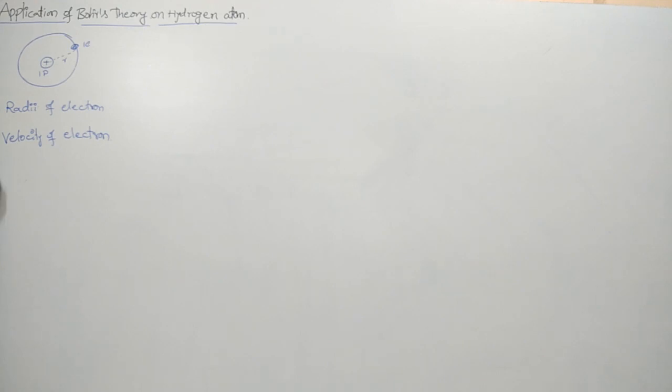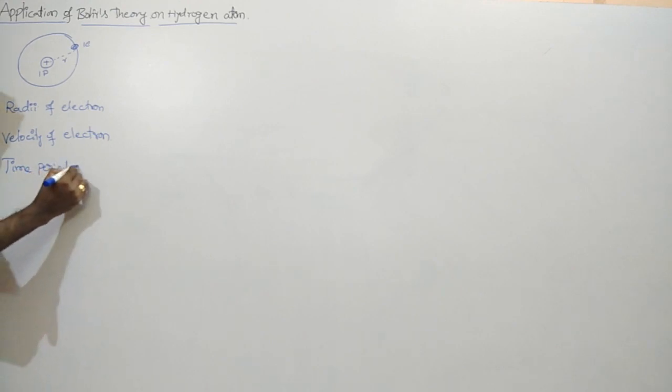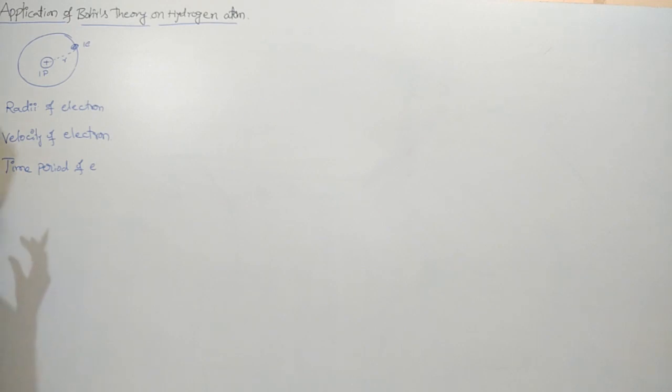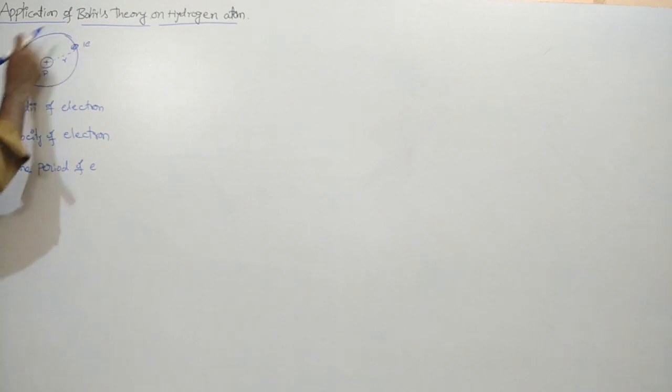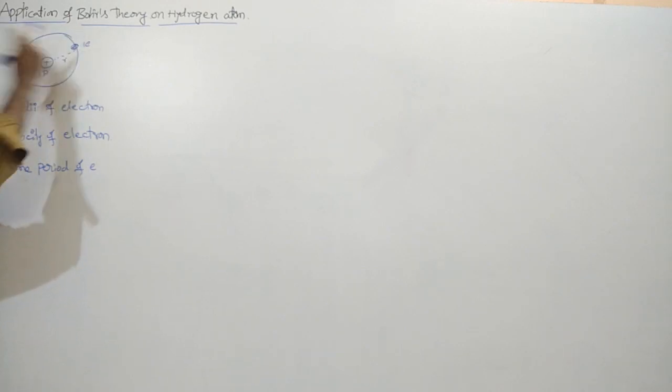Third point, we need to find out the time period of the electron. That means how much time is taken to complete one revolution of the electron.